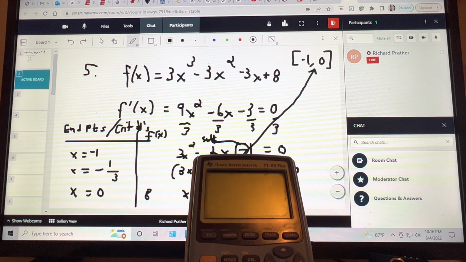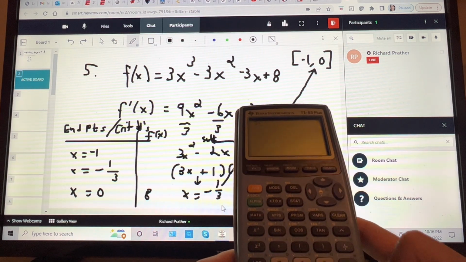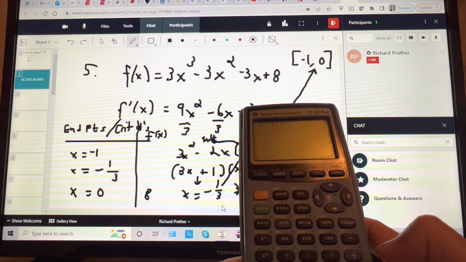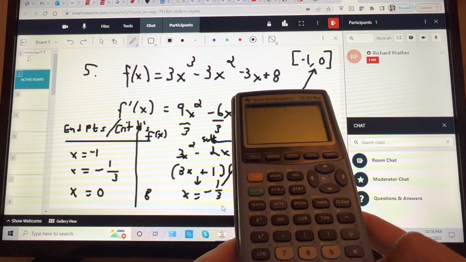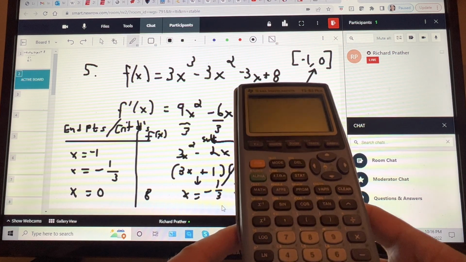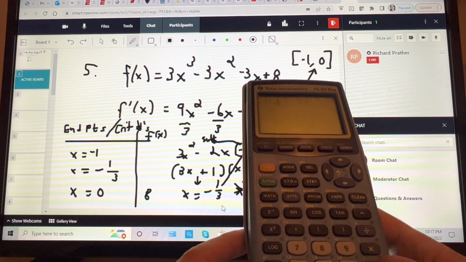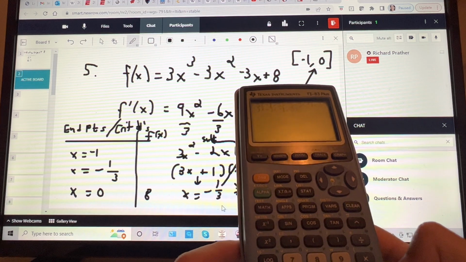So I can do 3 times negative 1/3 to the third power minus 3 times negative 1 divided by 3 squared minus 3 times negative 1/3 plus 8.